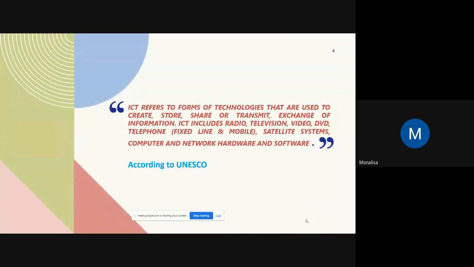We can say using ICT, we are providing a better platform to the learners. They are enhancing their potentiality. They are enhancing the interest in the subject that they are being taught. And in this way, ICT can collect, store, process and distribute information through the computer network. Whatever you are doing now, that is through the computer network, through satellite system, through video.